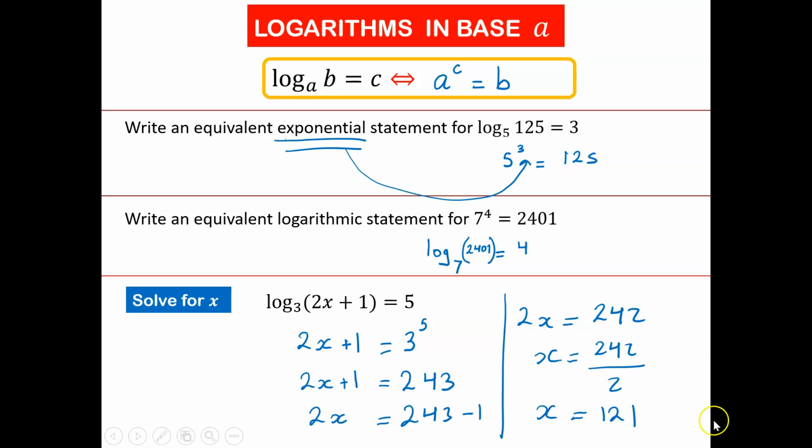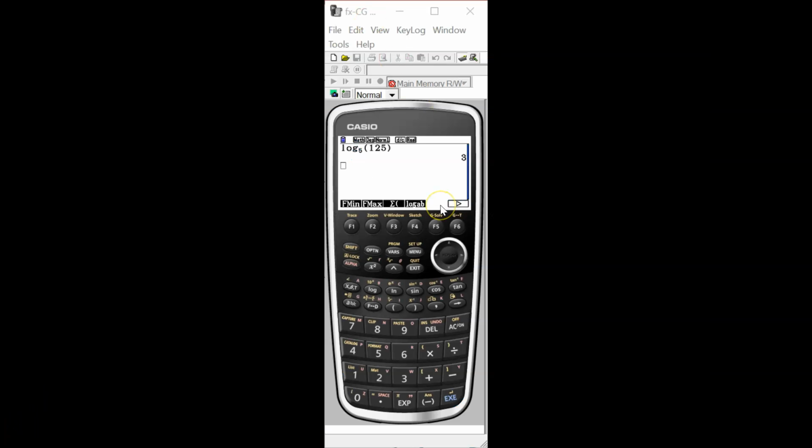So if you'd like to copy that down, please pause the video, and next I'm going to show you how to use your calculator to solve for x. Now, since I've got the same screen as before, I'm going to press exit a few times there, and here we go. Now we're going to look for solve n. Now you should be familiar with solve n. That's option, calc, solve n. And we're going to type in the equation, which was log base 3.